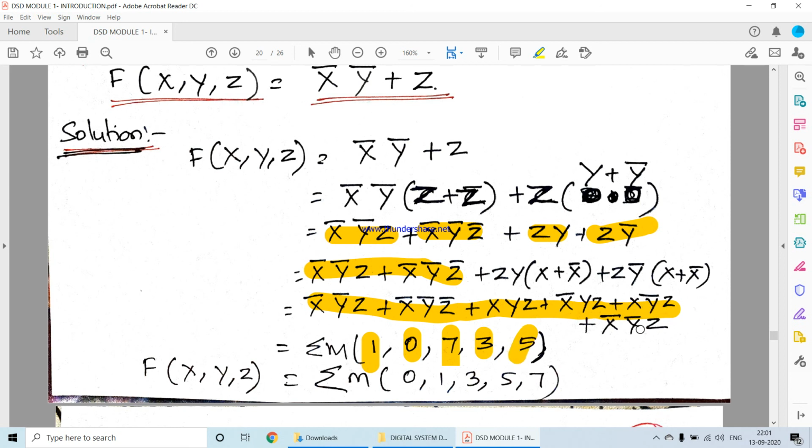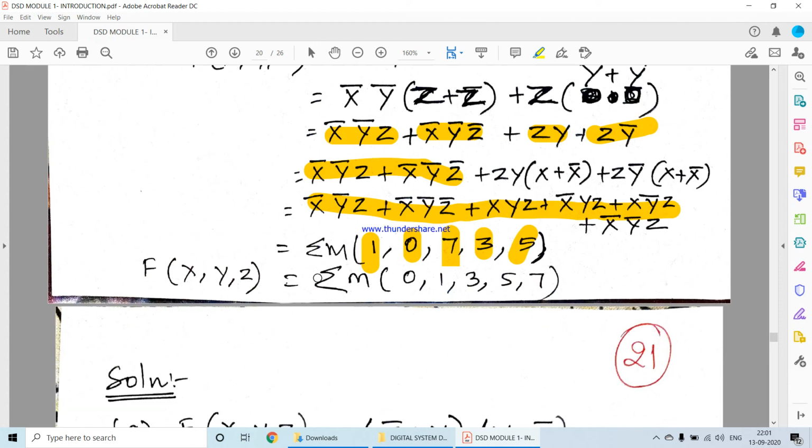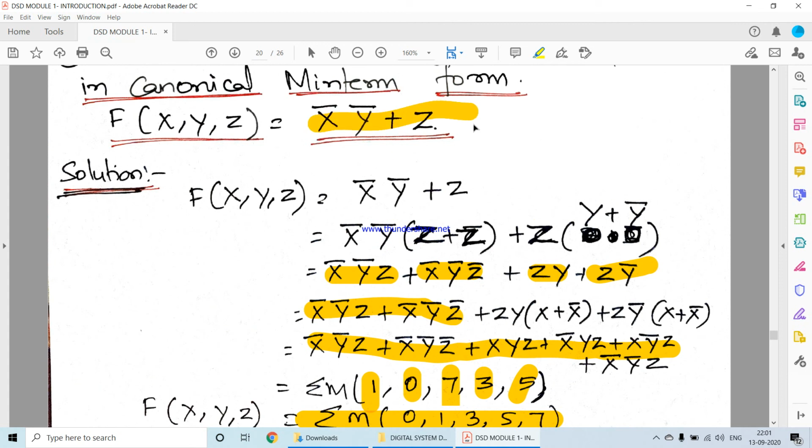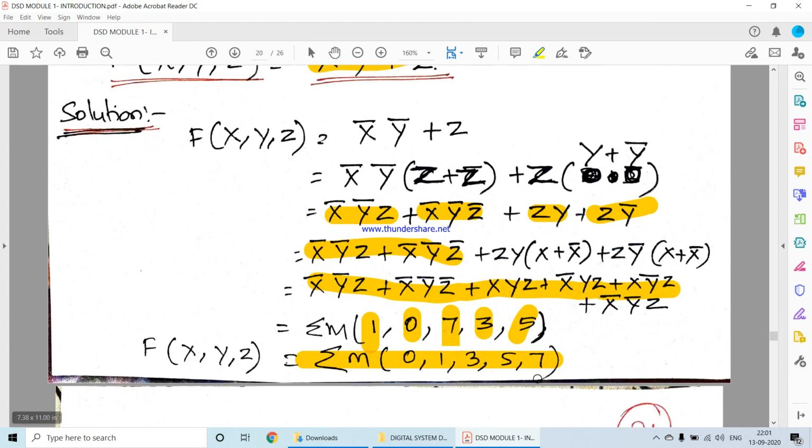And this again gives you 1, so you need not take 1 once again because 1 is already written. Now 1, 0, 7, 3, 5, you write it in a proper order. So I get summation m of 0, 1, 3, 5, 7. This is the actual canonical minterm form of this particular question. Either you can keep the answer in this way or you can keep the answer in the expression itself. Both are the same.